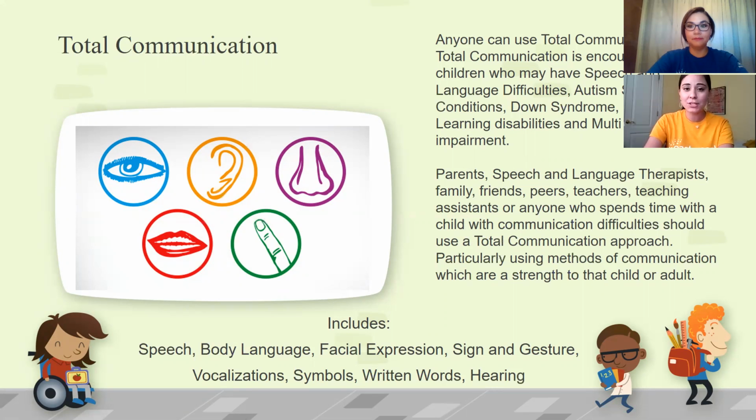Parents, speech and language therapists, family, friends, peers, teachers, teaching assistants, or anyone who spends time with the child with communication difficulties should use a total communication approach, particularly using methods of communication which are a strength to that child or adult. So total communication includes speech, body language, facial expression, sign and gesture, vocalizations, symbols, written words, and hearing.